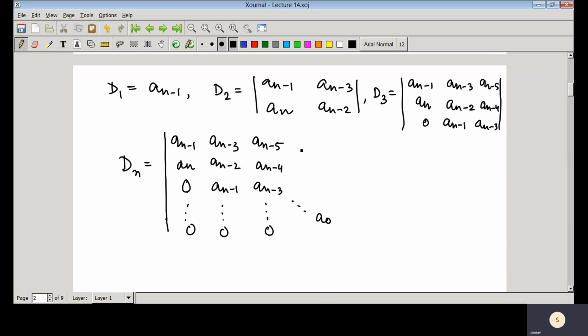So we can form those determinants, and according to the criterion, all of those determinants, d1, d2, d3 up to dn, should be positive.